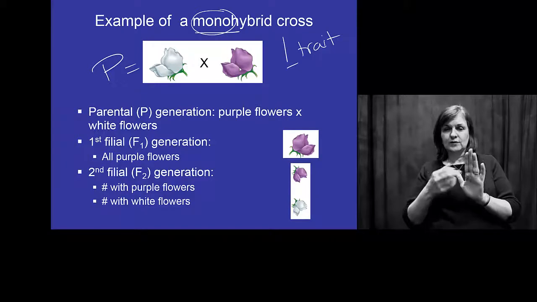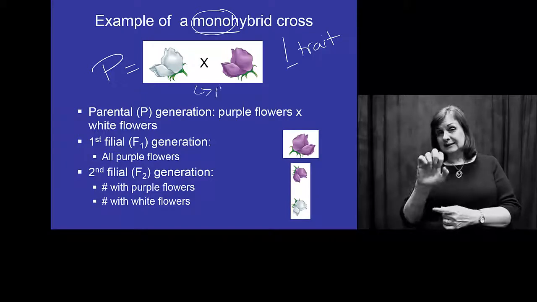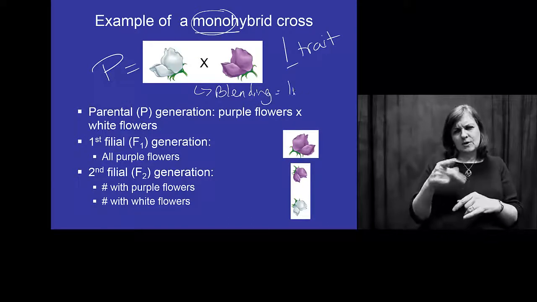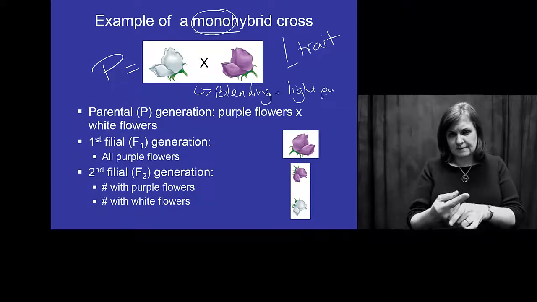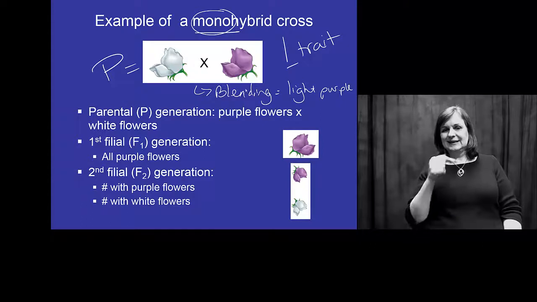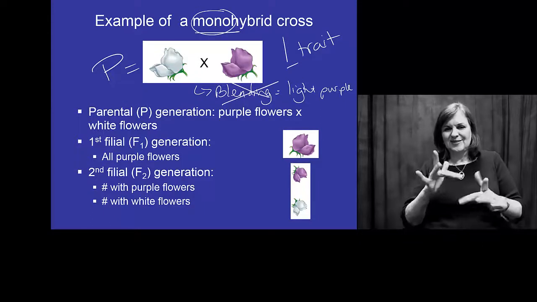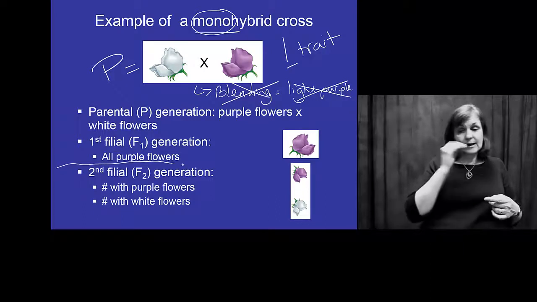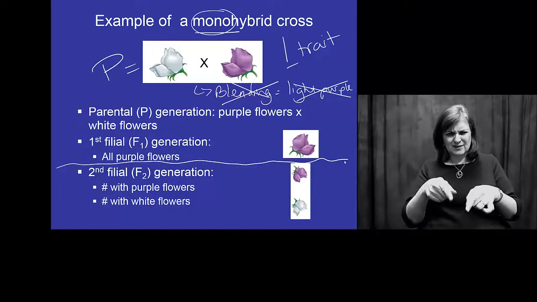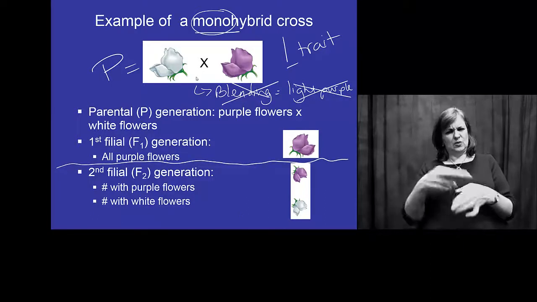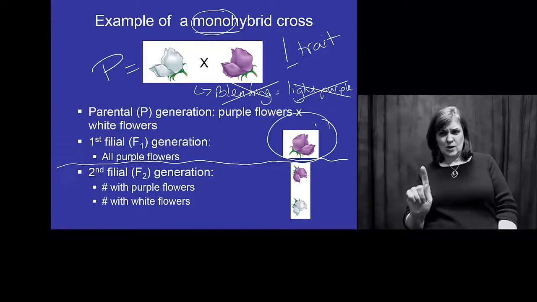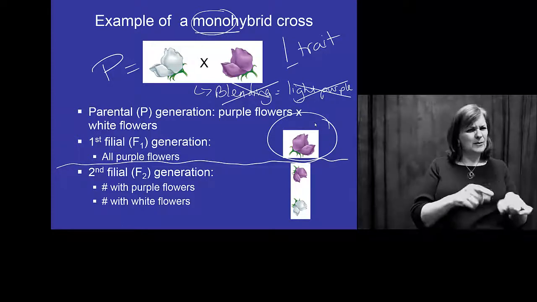Well, if you were still following the rules of blending, we would say that you would get a light purple flower, right? But we said blending doesn't exist, so this isn't going to exist. So what did he see? Well, quite frankly, it confused him, because when he crossed a white flower and a purple flower, he got all purple flowers in the first generation. Where'd the white flowers go?